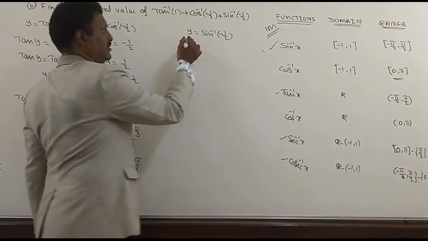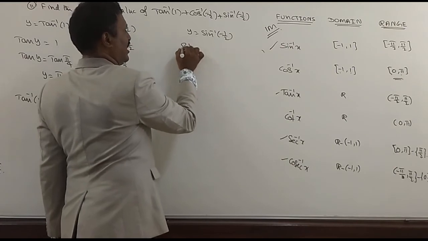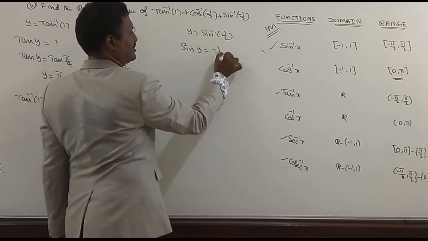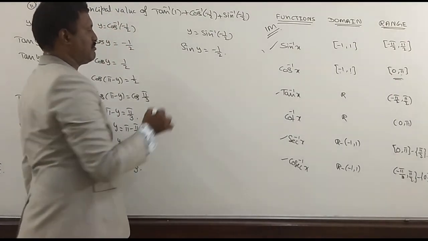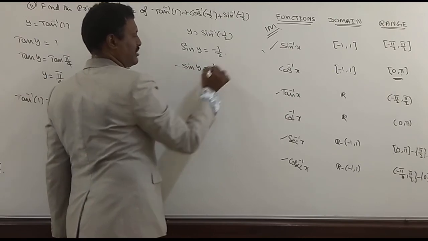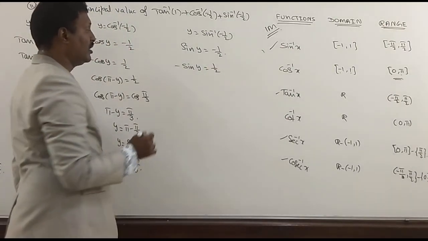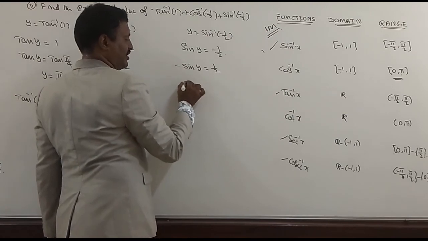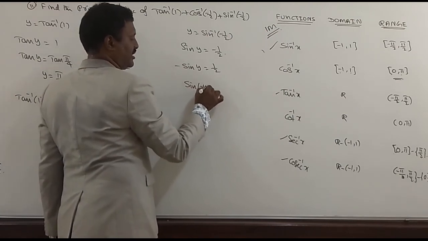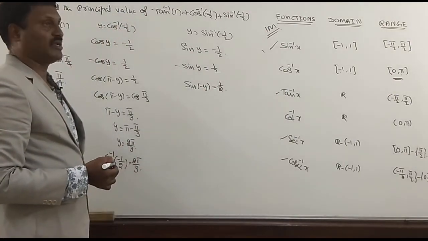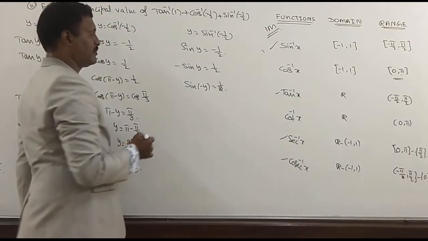Similarly the last one. So sin y is equal to minus half. Now multiply by minus sign, we can write minus sin y is equal to 1 by 2. Now sin of minus y is equal to 1 by 2.